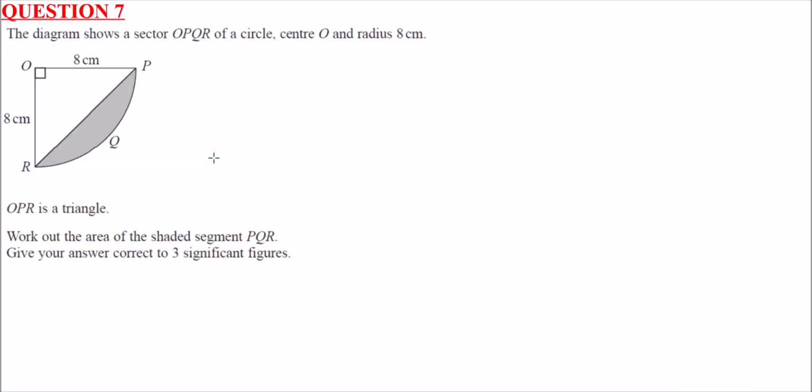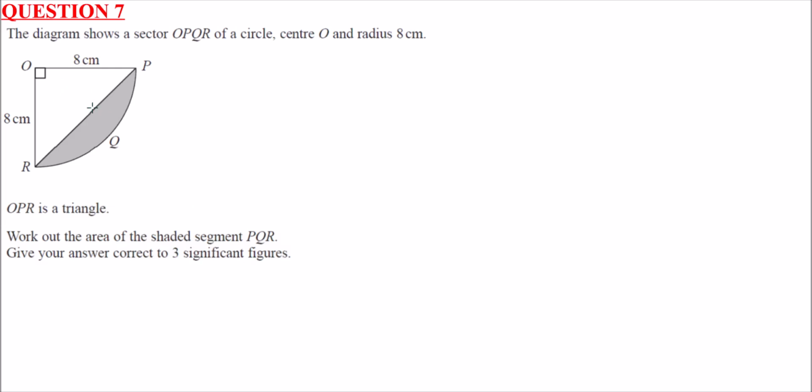Question 7, we have a diagram which is a segment of a circle and a right-angled triangle. So in total this makes a sector, centre O and radius 8. So we need to work out the shaded segment PQR, giving our answer correct to 3 significant figures.